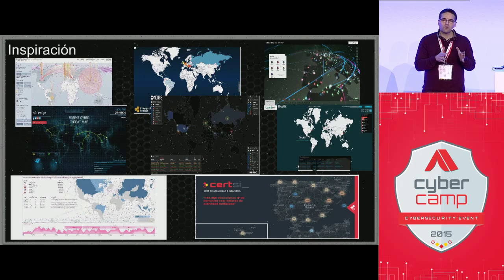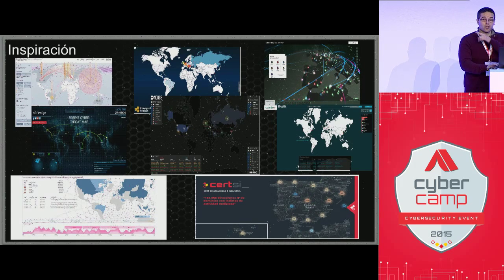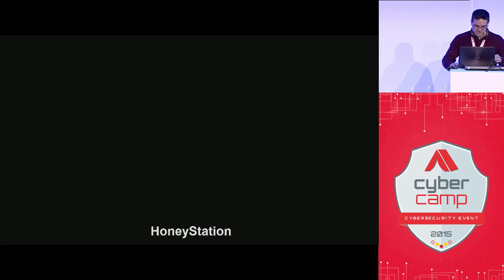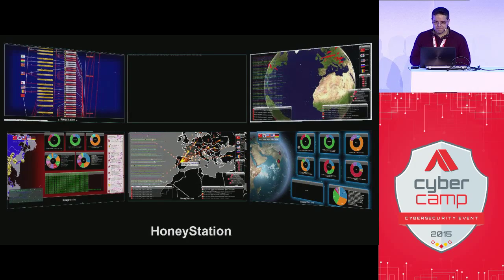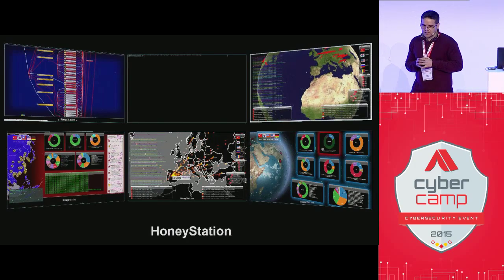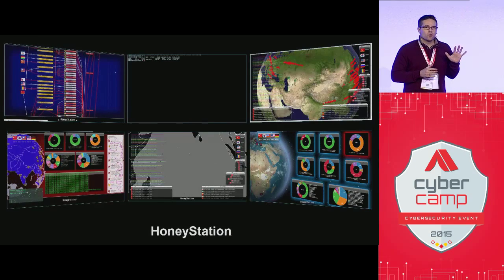And from there, I started to develop HoneyStation. In the beginning, it was a proof of concept, and this is what it ended up being. So this is the work that I've done in the last year.